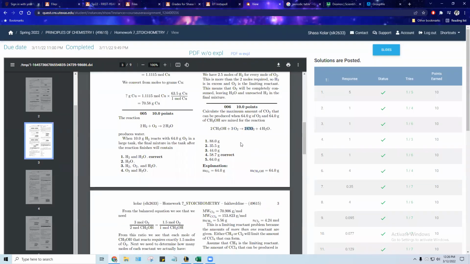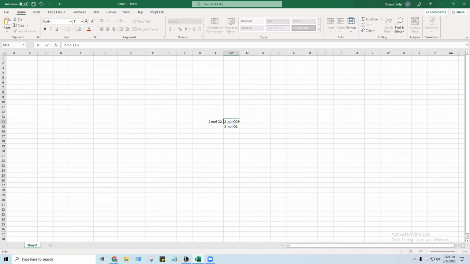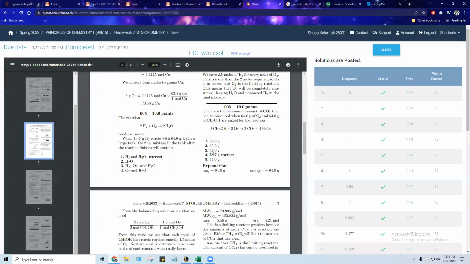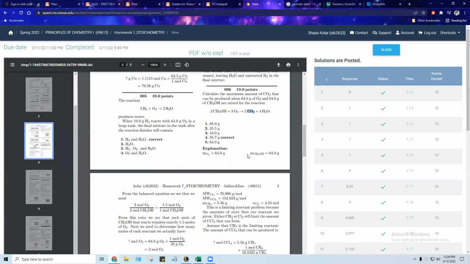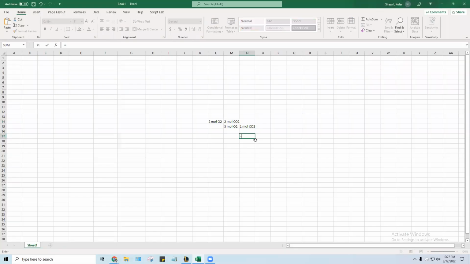So that would just be 4/3, but we want the grams. Each mole of CO2 is equivalent to, well, we can just do the math: 12.01 plus the molar weight of O2, which is 32, and we get 44.01 grams CO2.